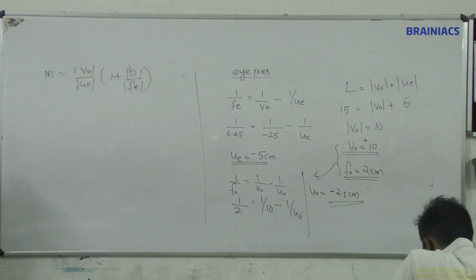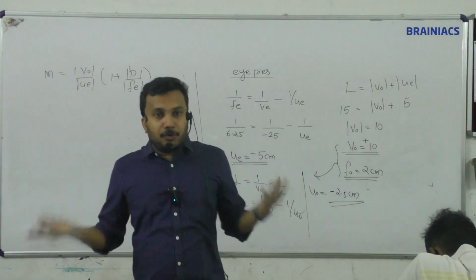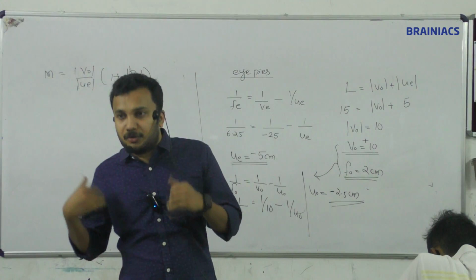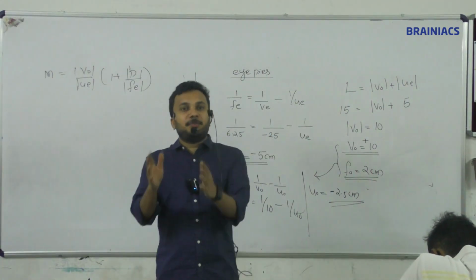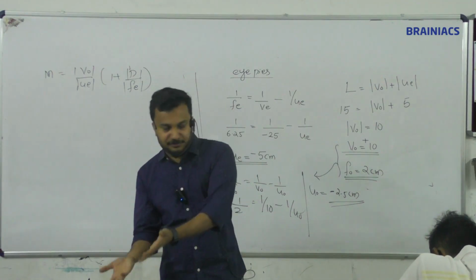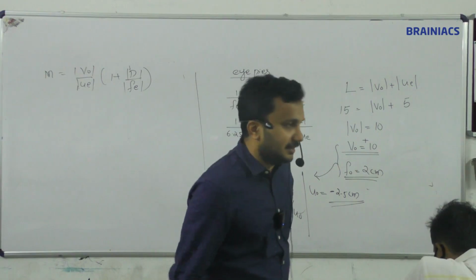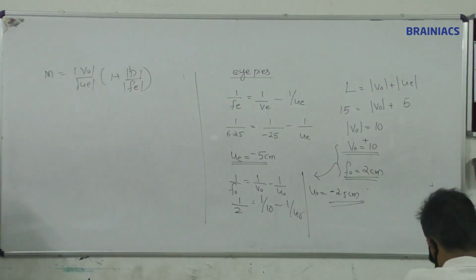Everything in terms of modulus, because whether it is 3 times or 4 times magnified is all you want to say. Whether it is inverted or non-inverted doesn't matter, because the microscope theory itself says whether it is inverted or non-inverted. You don't need to say that explicitly. Okay, we'll go.